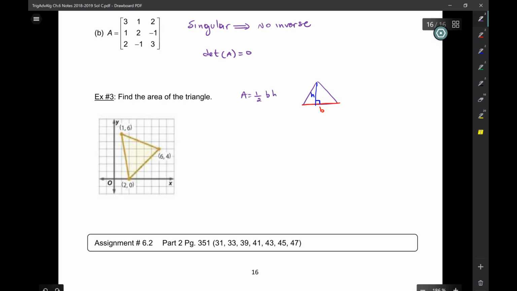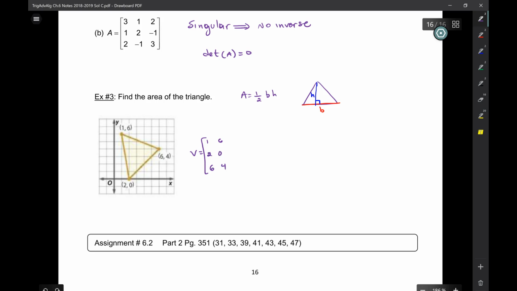The way you could use a matrix is this. I'm going to call this matrix V for the vertices. You could call it matrix M, whatever. Just don't call it A, because let's use A for area. So this is going to be my vertex matrix. In here, I'm going to put the 3 vertices: 1, 6, and then 2, 0, and 6, 4.